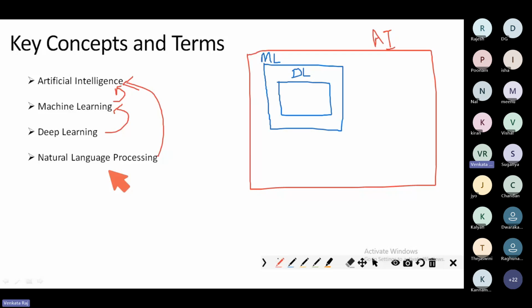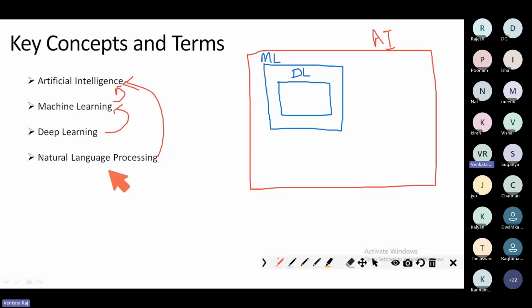So NLP, or natural language processing, will take our human language as an input, process that input, and then convert it into number language, because computer systems understand numbers, right?